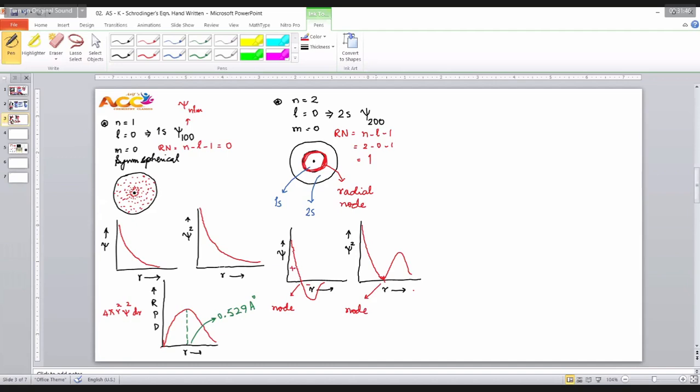And when we are discussing this in terms of radial probability, RPD, radial probability.